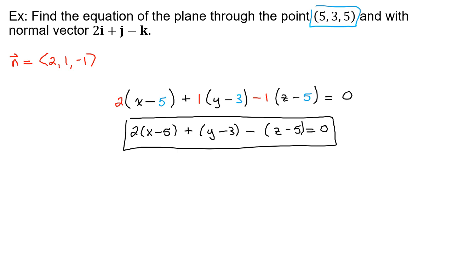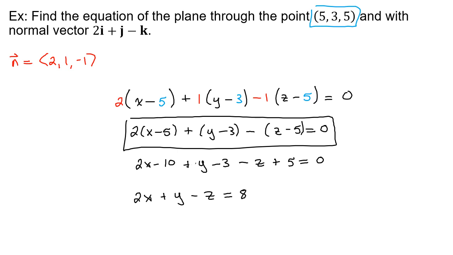You could, like I said, rearrange it and get the x, y, z by itself if you wanted to. If you wanted to keep going further, this is 2x minus 10 plus y minus 3 minus z plus 5 equals 0. Move all the constants to the other side, and you could say it's 2x plus y minus z equals, the 10 and the 3 make negative 13, plus 5 would be negative 8.